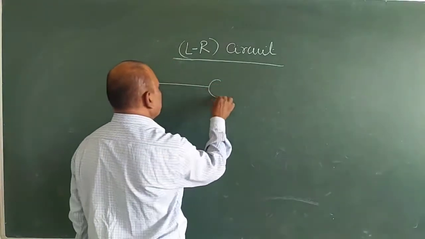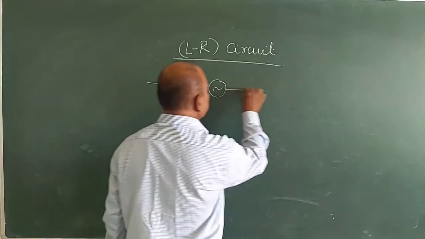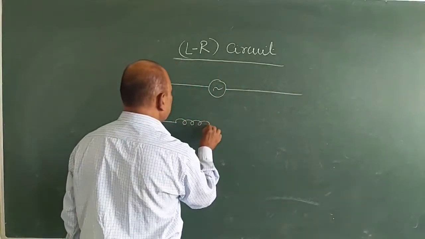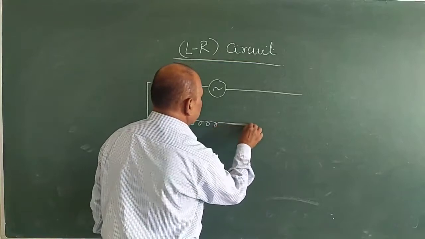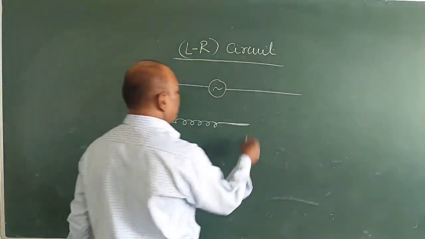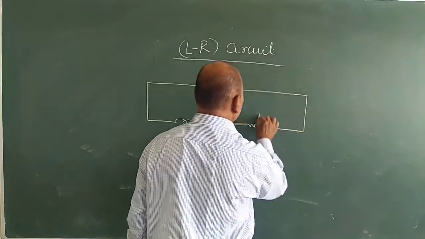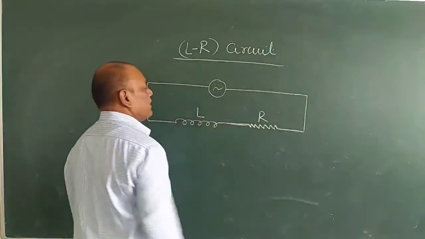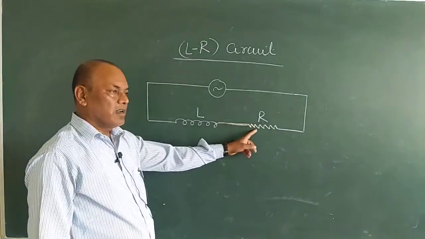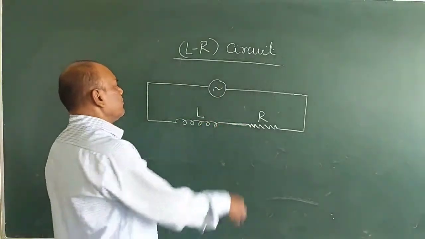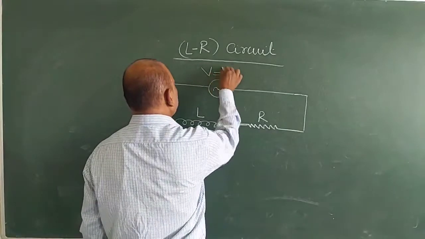Now here suppose this is the AC mains and this is the inductor or coil and this is resistance R. L and R are connected in series and they are connected to the AC mains, from where this voltage is applied.